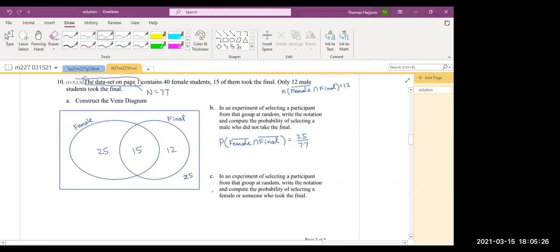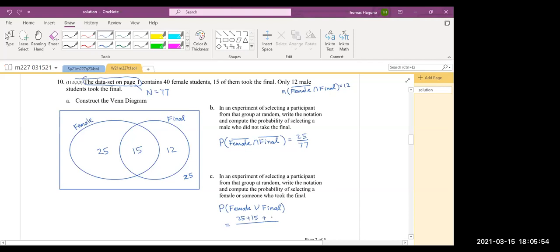Part C: write the notation and compute the probability of selecting a female or someone who took the final. That will be female, 25 plus 15, that's the 40 females, plus those who took the final, which is 15 and 12.